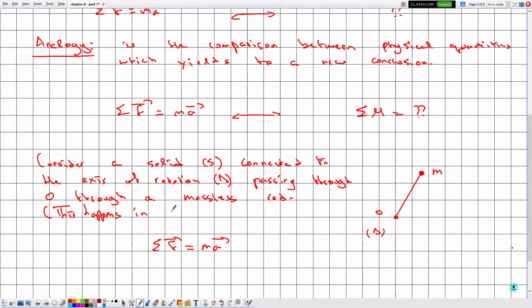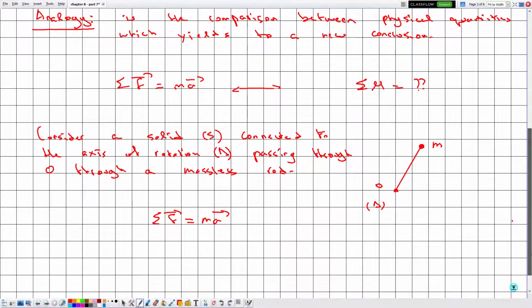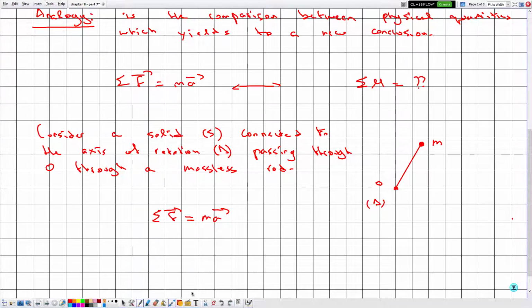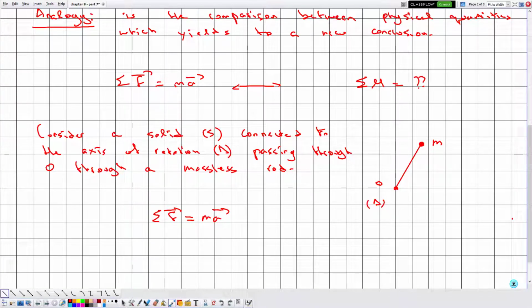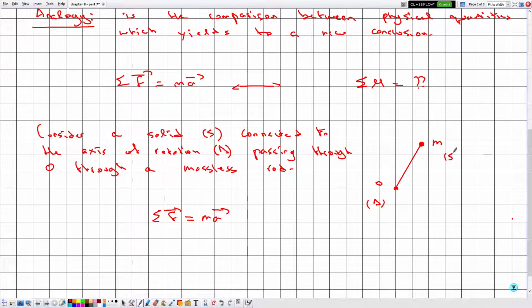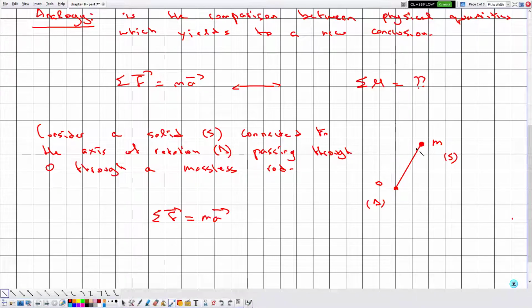Let me consider several forces acting on the solid S. For example, one of them is the weight, one of them is a magnetic force, and the others I don't know.